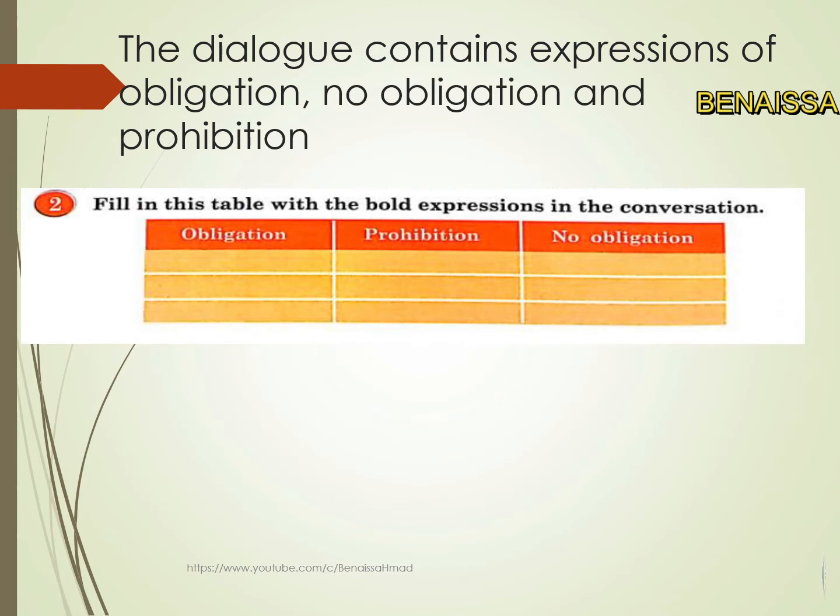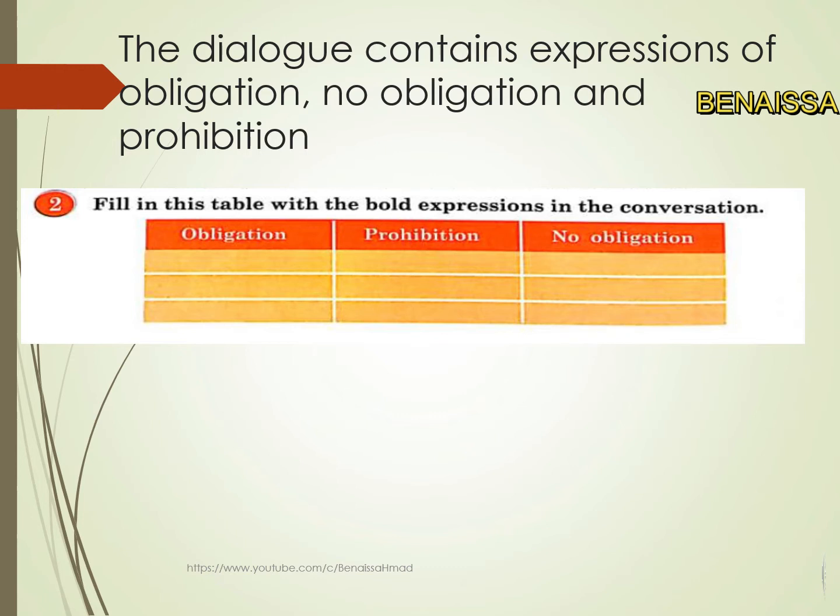For example, fill in this table with the bold expressions in the conversation. Take, for example, 3 minutes to get these expressions. نأخذ 5 دقائق من أجل استخراج هذه العبارات.